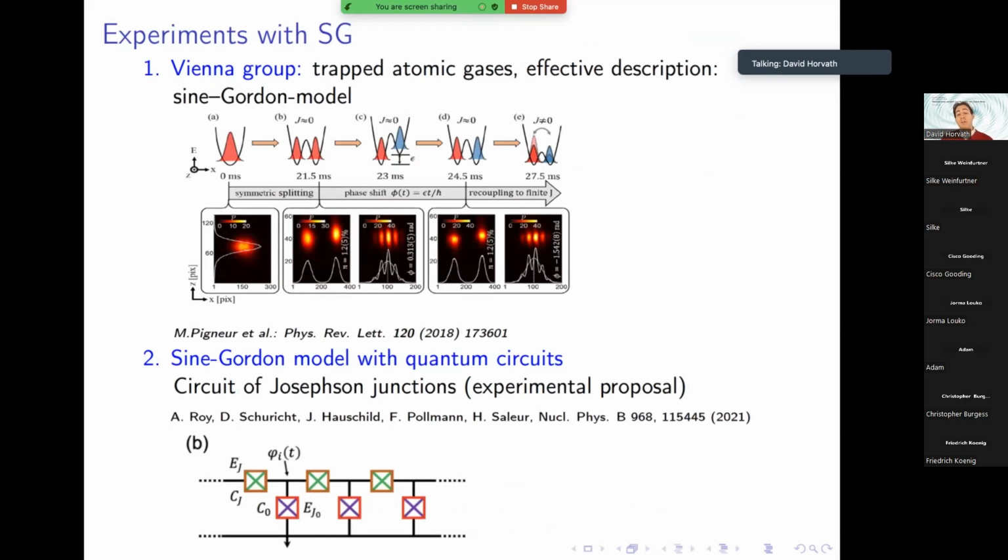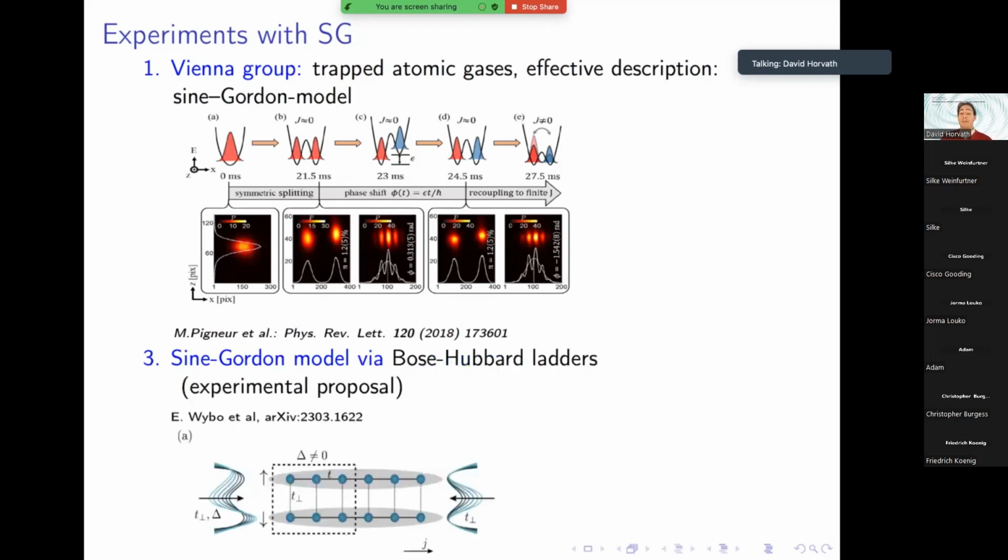Here I would merely mention that very recently two other proposals have popped up for how this sine-Gordon model could be realized. So apparently there is an interest among researchers to realize this very nice model. One proposal says that the model could be realized in terms of circuits of Josephson junctions, so superconducting junctions.